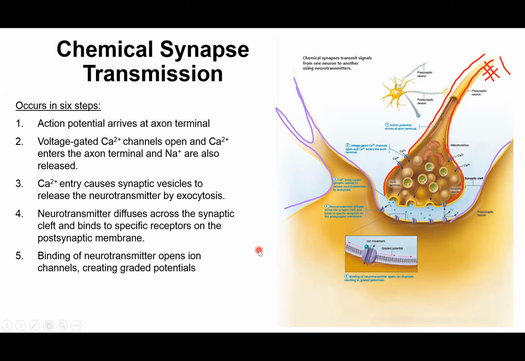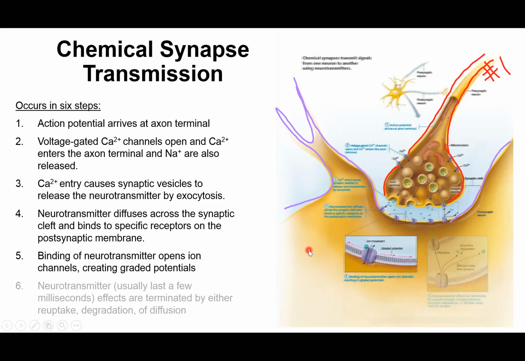Okay, so this particular ion channel, if it relies on the binding of a neurotransmitter, you guys should be thinking, okay, this is a ligand-gated ion channel or chemical-gated ion channel. So the binding of this neurotransmitter opens the ion channel and creates a graded potential.